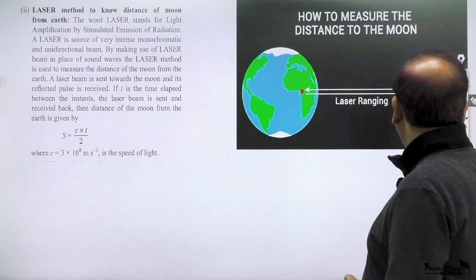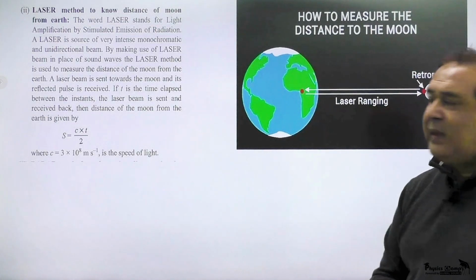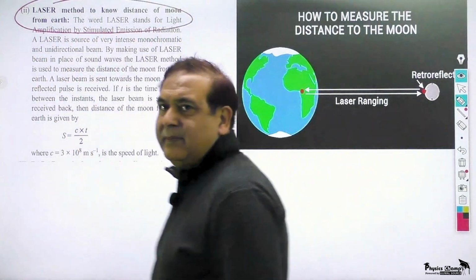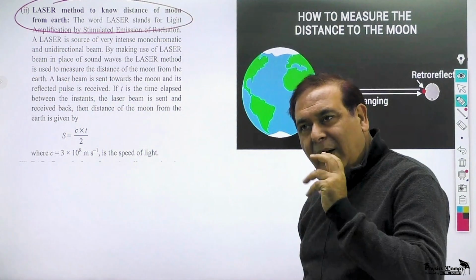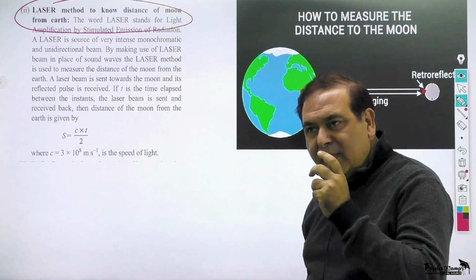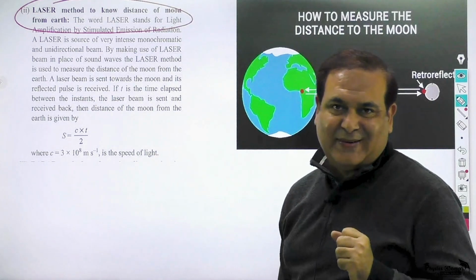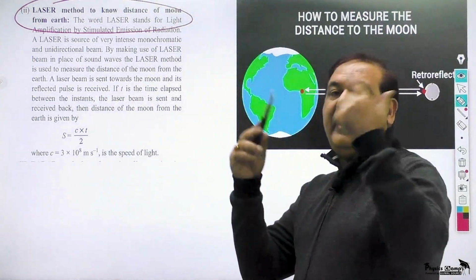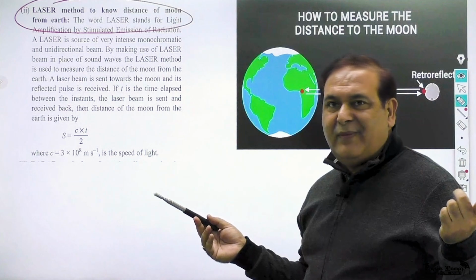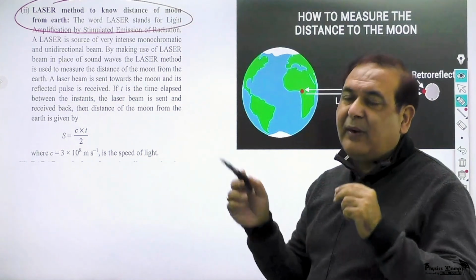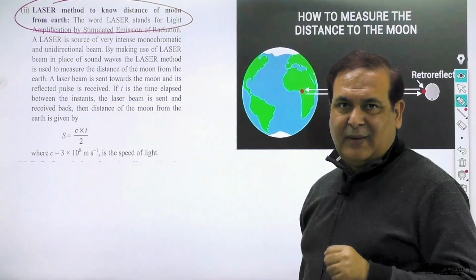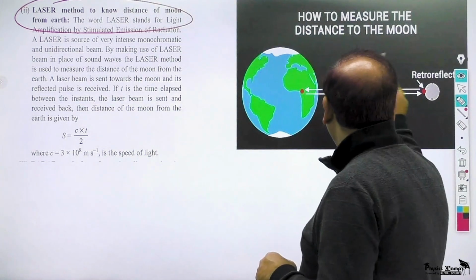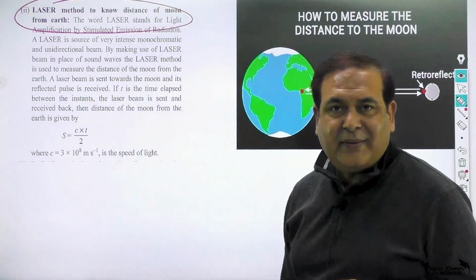Similarly, I come to another case. It's a similar way, and it's a laser to know the distance of the moon from the earth. Now, in case of the moon, if you are interested to use the echo method by producing sound, it may not work. The reason is, for sound you need atmosphere, because sound is a wave that travels through atmospheric particles. You need a medium. Between earth and moon, there is no medium for the larger part.